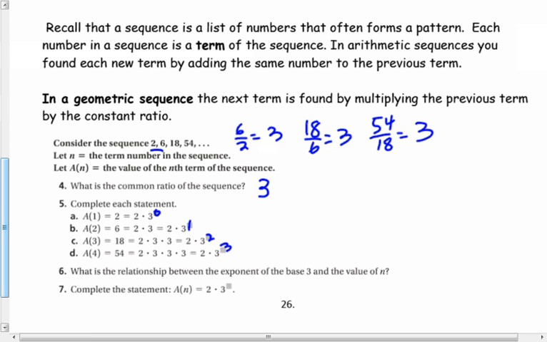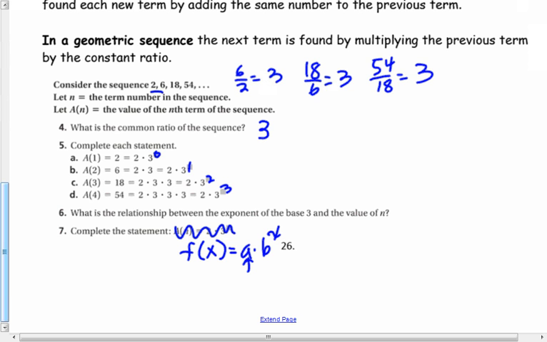So our formula for this, remember, our geometric sequence formula is this: f of x equals a times b to the x. A is the 0th term, so 1 before the first term. And b is the common ratio.